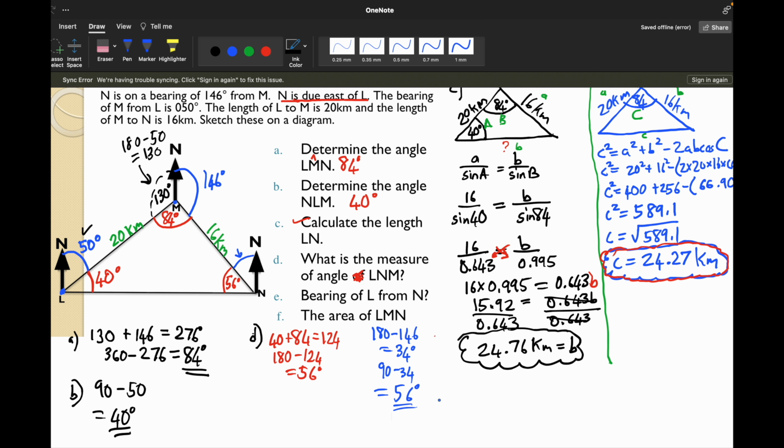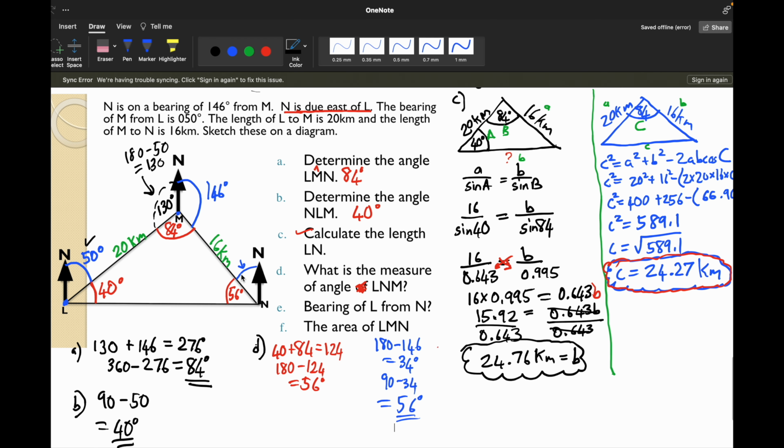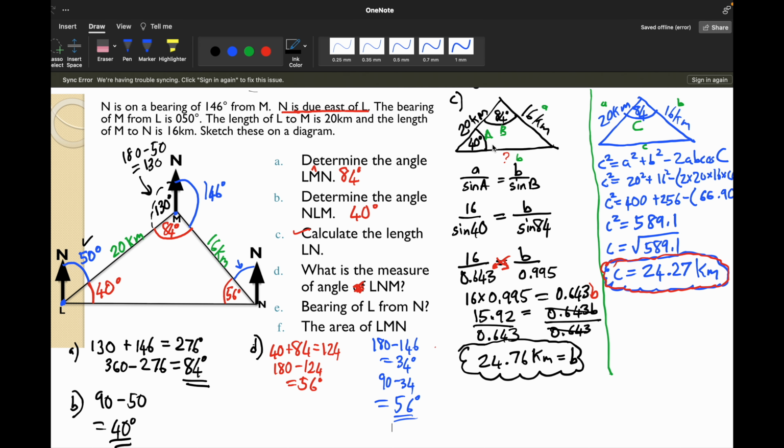So y'all take this down, and then we're going to talk about the last two questions. But teacher, would they always be looking for a definitive answer, or just based on how you work it out? Based on how you work it out, because as you could see in the sample that we did over here, if I chose to do sine rule and you chose to do cosine rule, our answers will be slightly different.